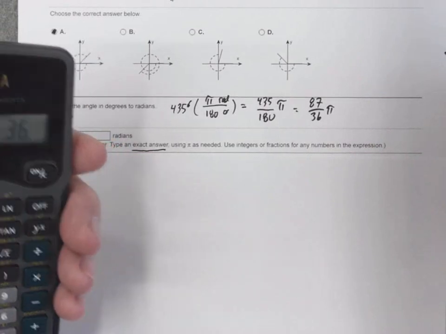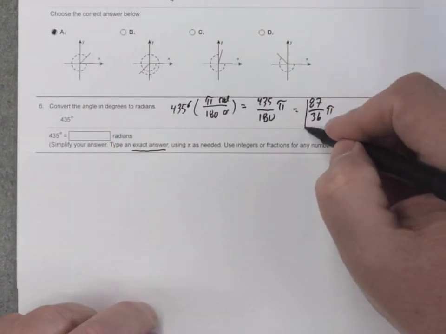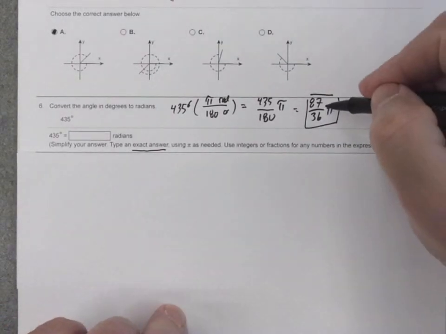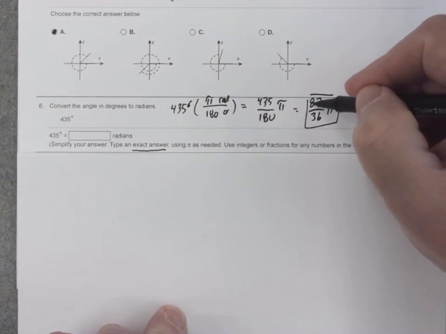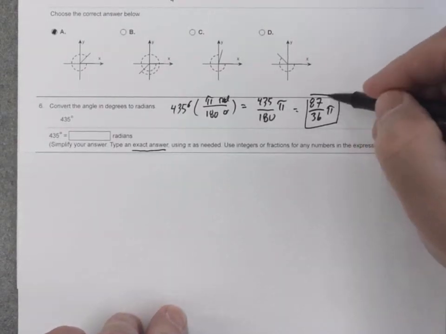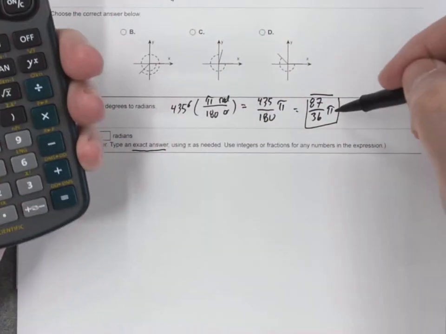Now 87 and 36 do not have a common factor, so that should be the answer. Oh, see, I misspoke. You know what? I guess you can divide by 3. Good thing I have the answers. That's an example on the test.